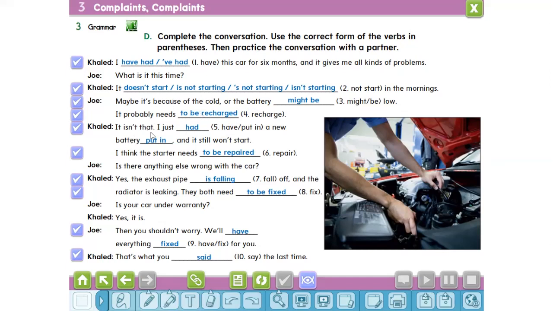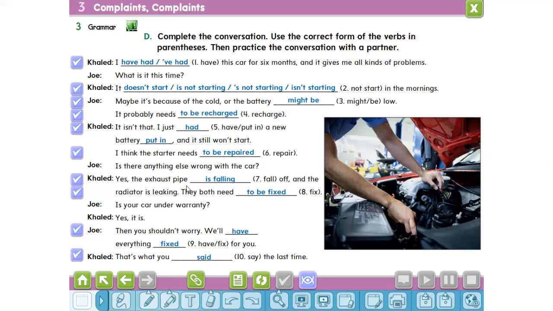It isn't that I just had a new battery and it still won't start. So we will use here the past form, had. Then I think the starter needs to be repaired. Again, that's passive. Is there anything else wrong with the car?